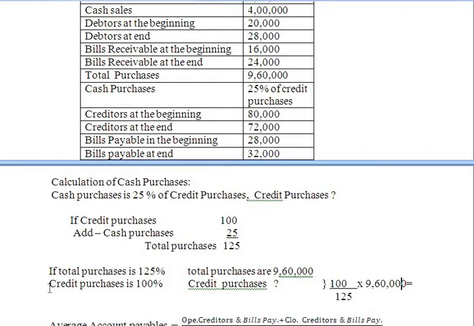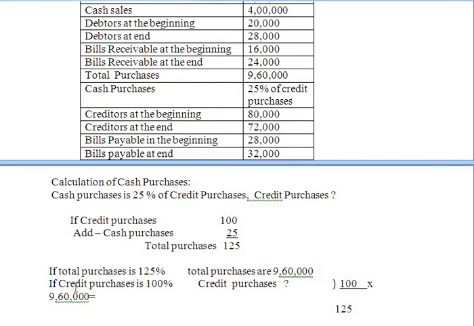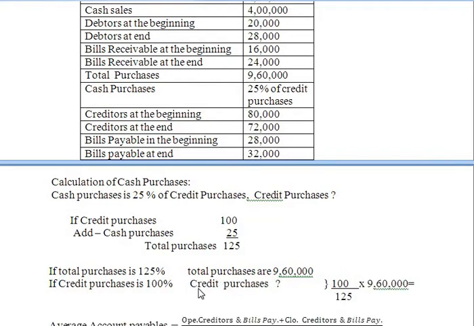And if credit purchases is 100%, what is the amount of credit purchases? So a simple mathematical calculation, cross multiplication: 100 divided by 125 into 9,60,000.